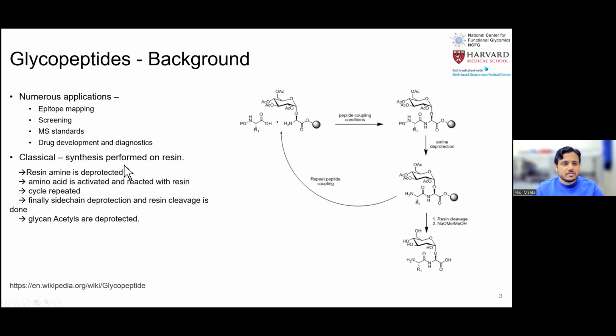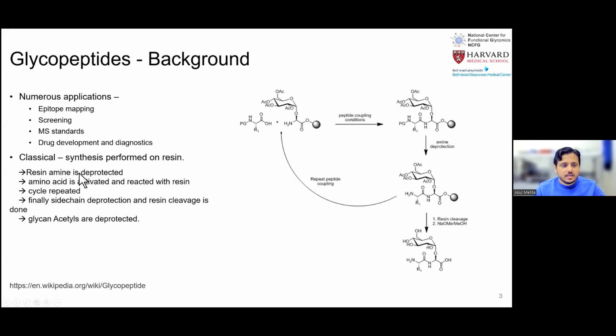Classically, synthesis of glycopeptides was performed on resin using solid phase peptide synthesis. If you are familiar with solid phase peptide synthesis, there's not much difference when you're dealing with glycoamino acids. Basically, you have a resin with an amino acid, and this amino acid usually has an FMOC group at the amine, or a protecting group, which can be released.